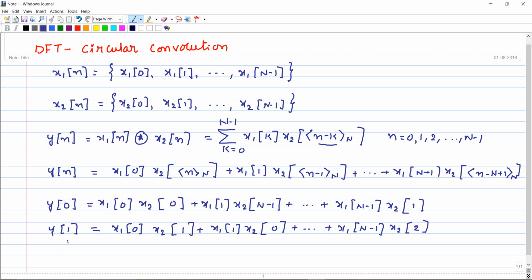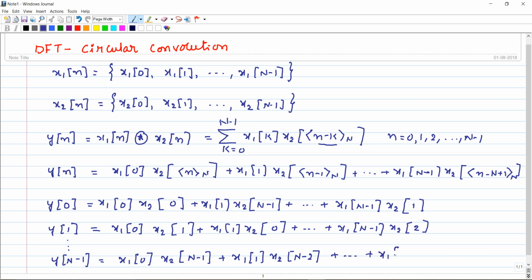Let us say y of n minus 1 would be equal to x1 of 0 multiplied with x2 of, now n is n minus 1, plus x1 of 1 multiplied with x2 of n minus 2, and so on. And what will happen to the last term?